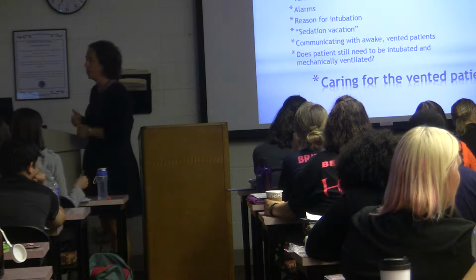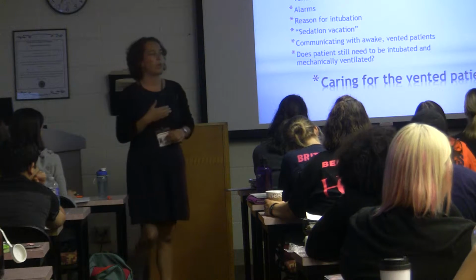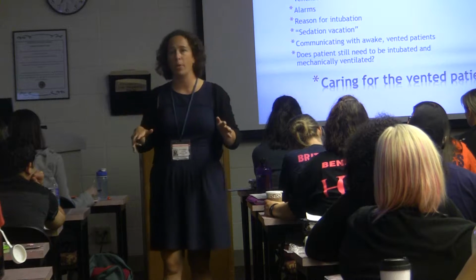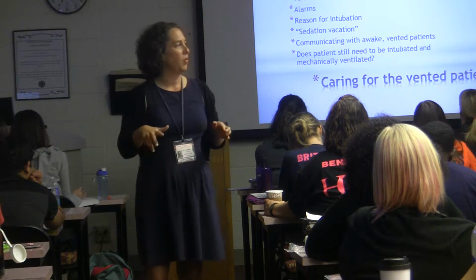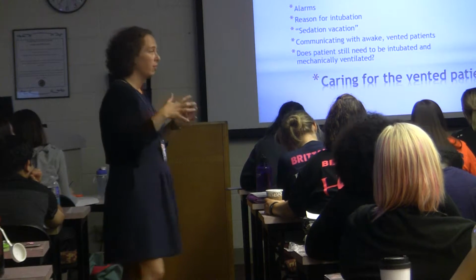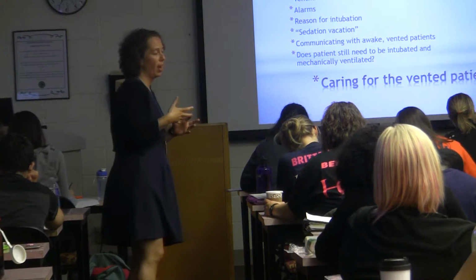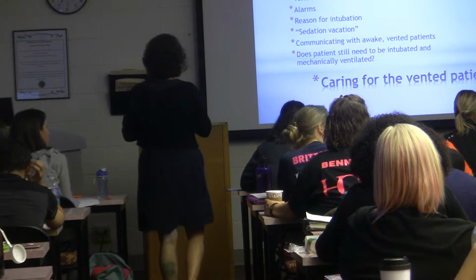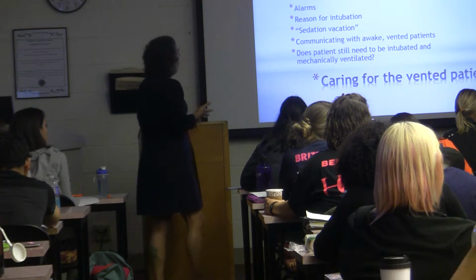But the other considerations: patient position. What position do you think would be optimal, barring any other contraindications, for someone who's on a ventilator? 30 degrees or even higher, 30 to 45, somewhere in there. 30 we talk about with protecting skin integrity, but you want them up if you can. Check your vital signs.